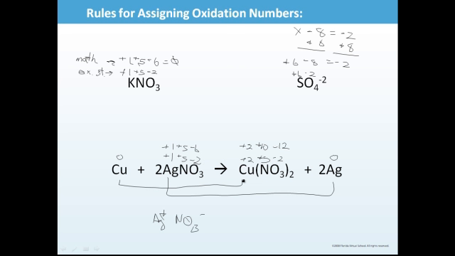So for copper to go from 0 to plus 2, it had to release or lose electrons. Since it lost electrons, that means that copper was oxidized.